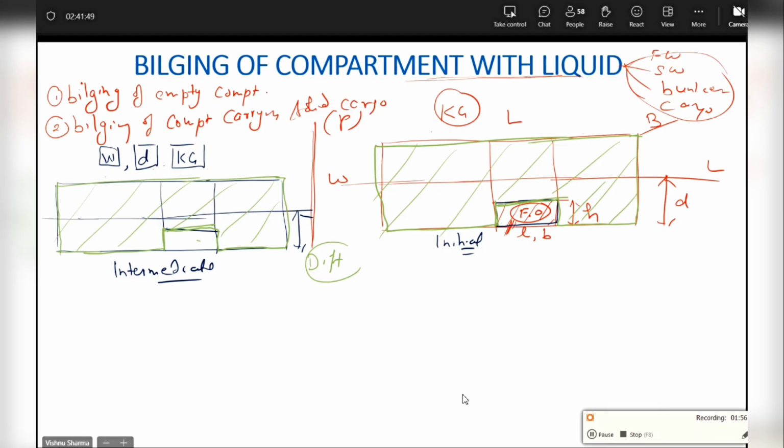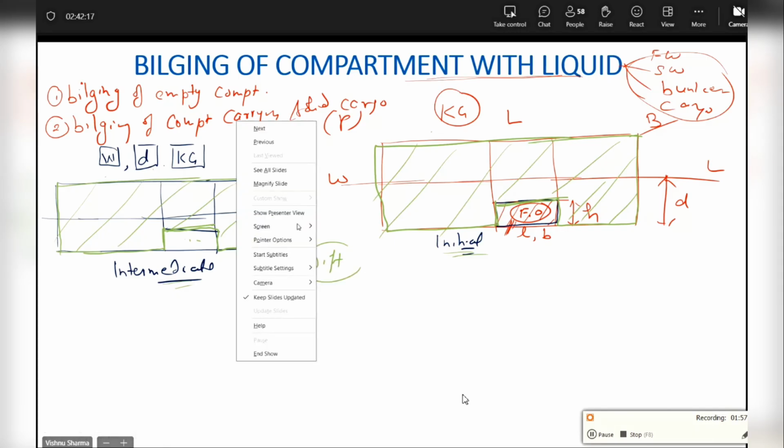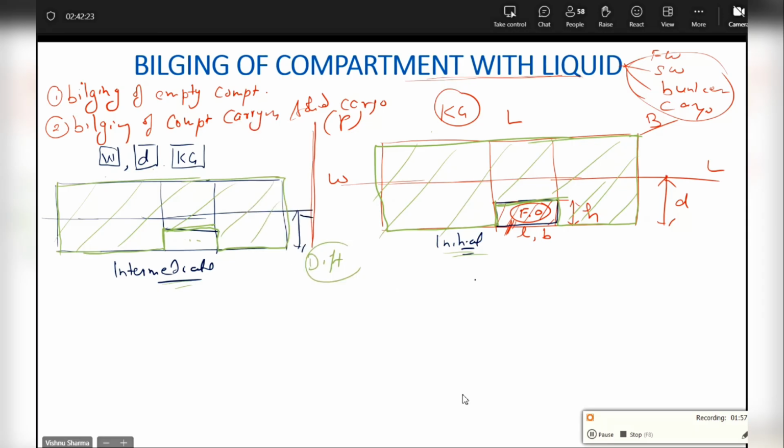It's bilged, correct? So now between these two conditions, what is called the initial condition and the intermediate condition, everything is same except the condition of the DB. In one case, DB is empty. In other case, DB is full. In both these conditions, the ship is intact. Now let us say both the DBs are bilged. When both these DBs are bilged, what will happen to this particular case?